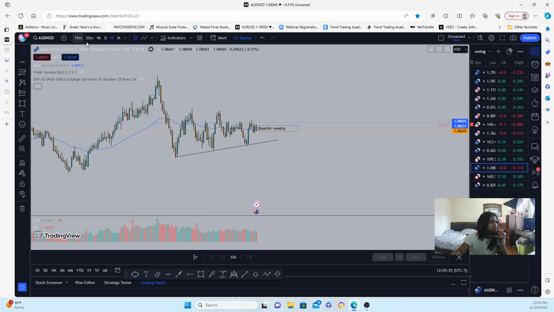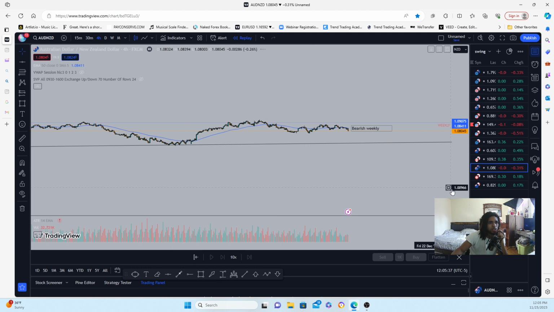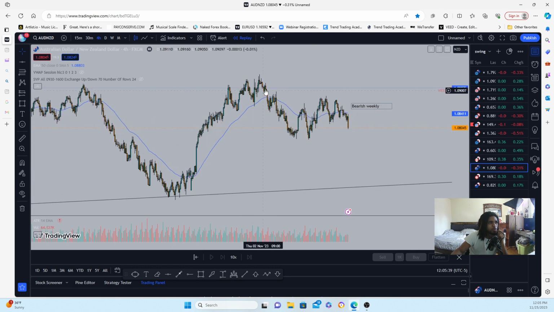Weekly. Go to 4 hour. See what it's looking like, see what it's hitting for. See all the touches. Boom, boom, boom, boom, boom, boom, boom. All the higher lows, higher lows, higher lows. Right? The last higher low before it was, well, this one, and that was broken.